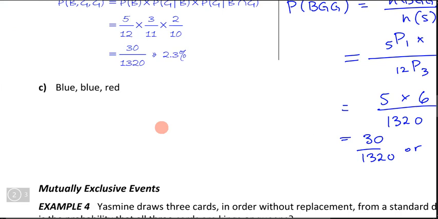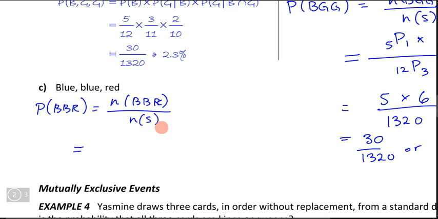Blue, blue, red. So same idea. The probability of blue, blue, red is the number of ways I can get blue, blue, red in that order, divided by the number of total outcomes of drawing 3 marbles.